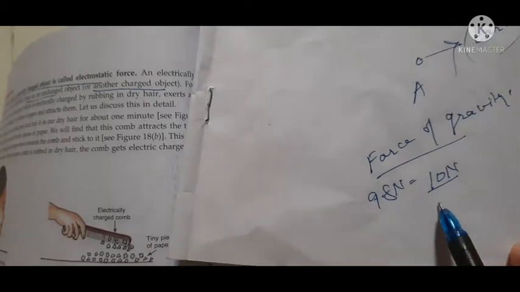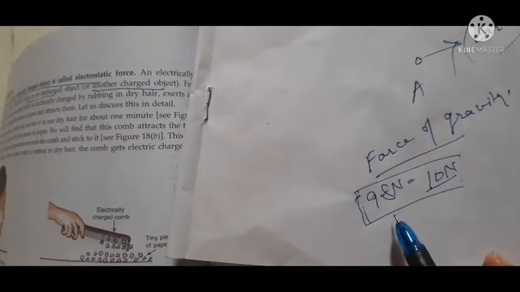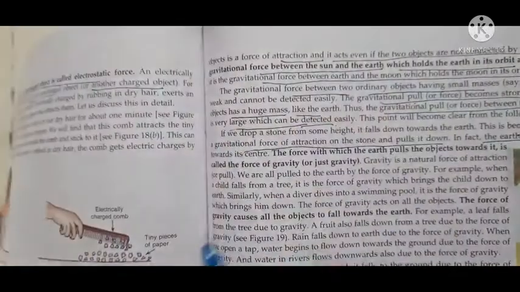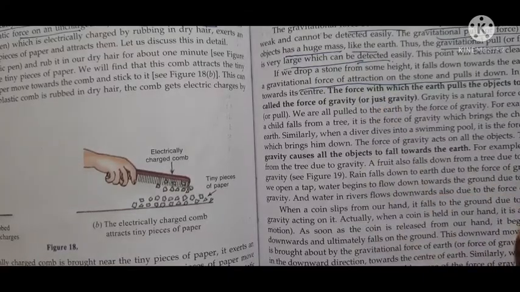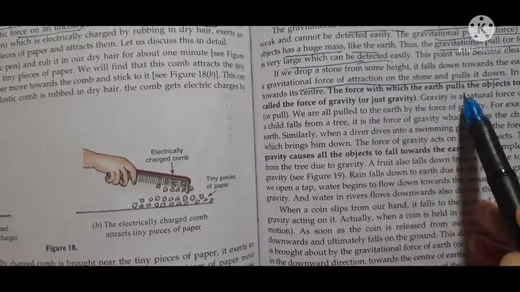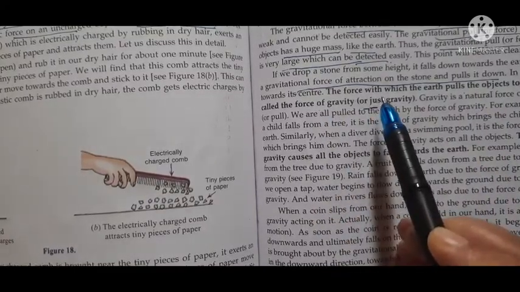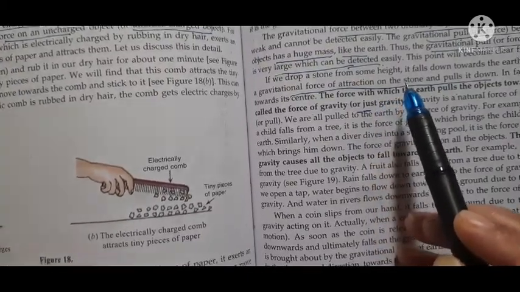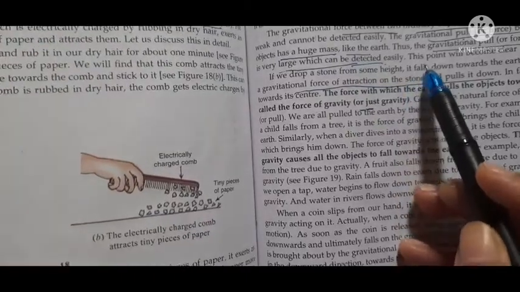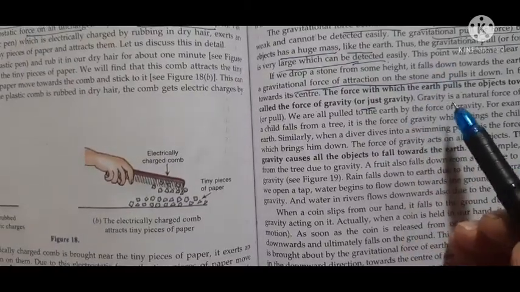Understood? The force with which the Earth pulls the objects towards it is called force of gravity, and it has a fixed value of 9.8 Newton.